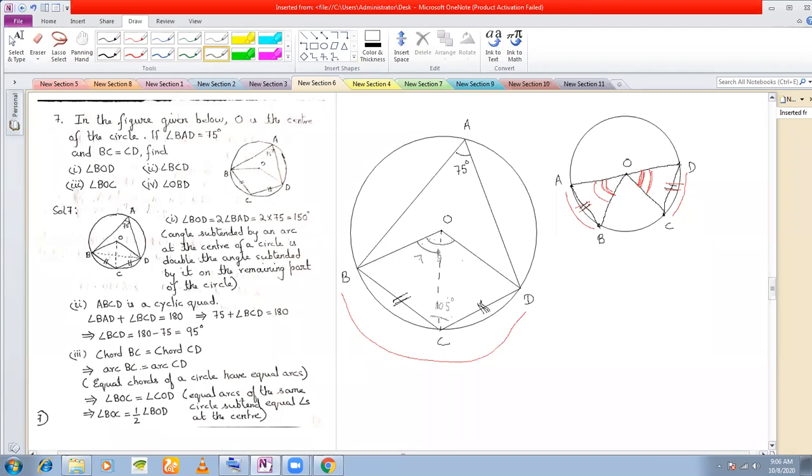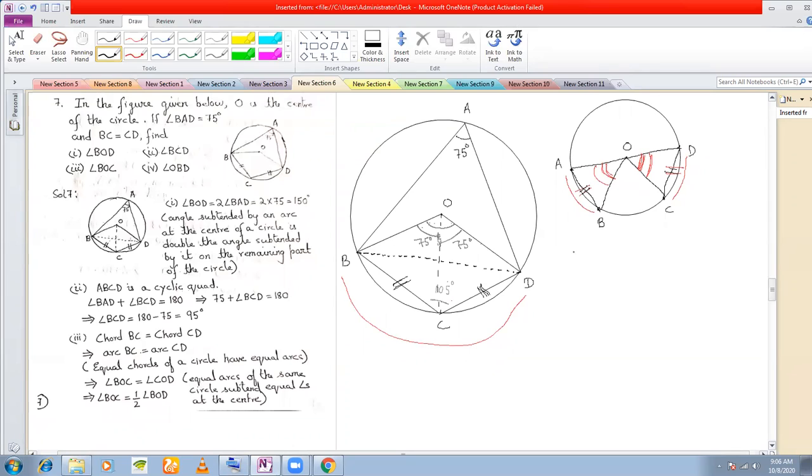This angle we found as 75, which was equal to this angle 75. So this we know, and the question here is OBD. So we join BD with the help of a dotted line. Now, OBD will be this angle, this red angle.